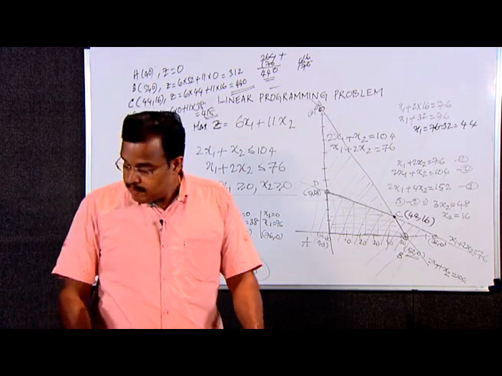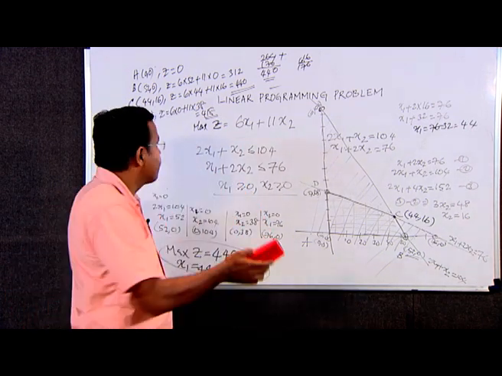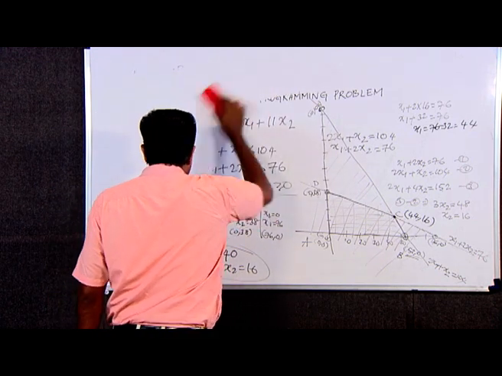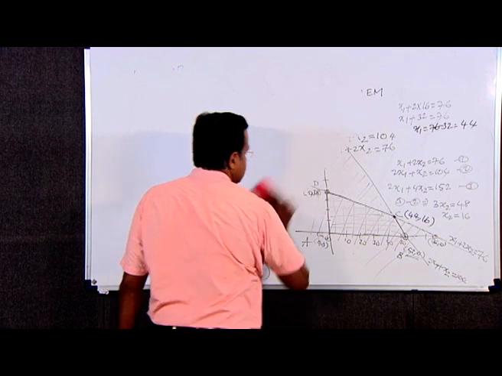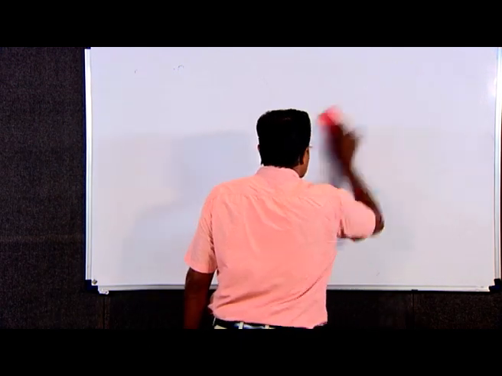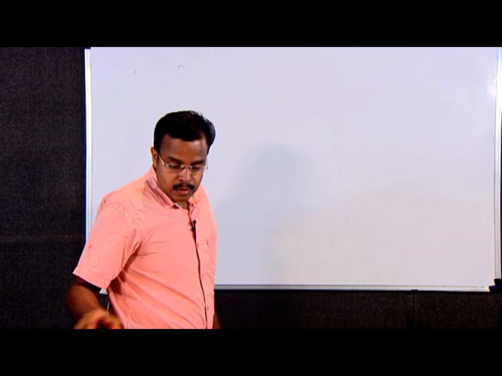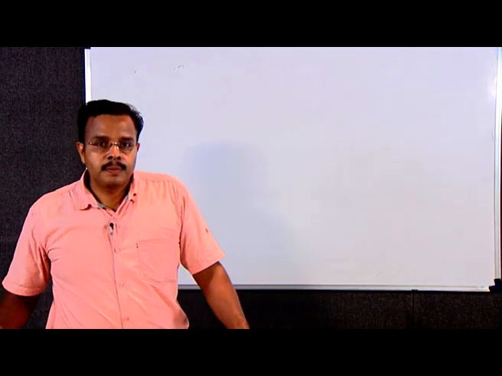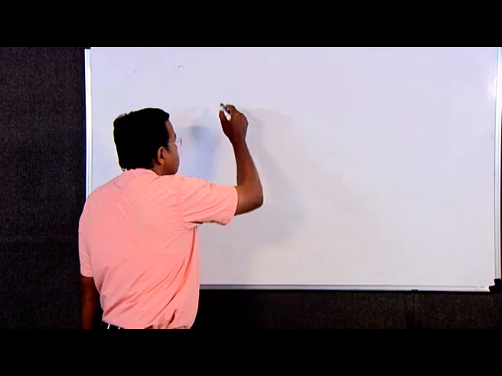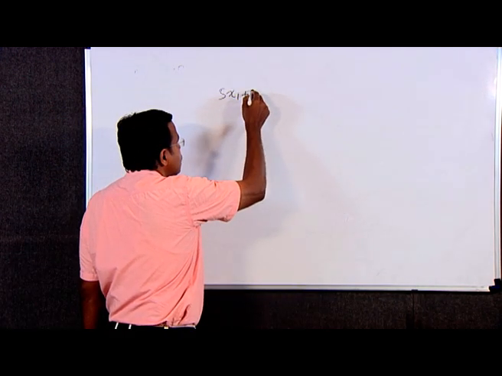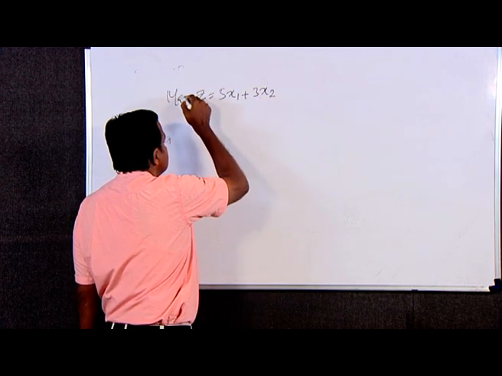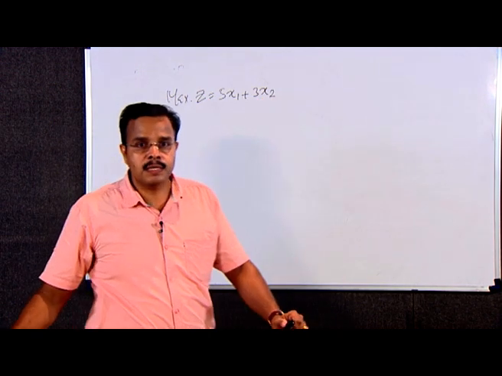We can consider another problem. In the next problem, we solve the LPP: maximize Z equal to 5x1 plus 3x2.